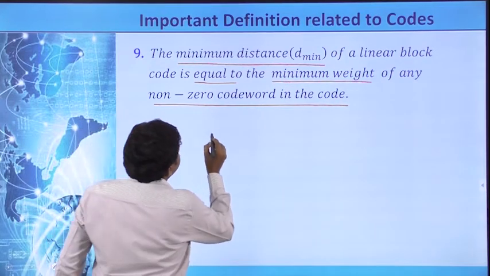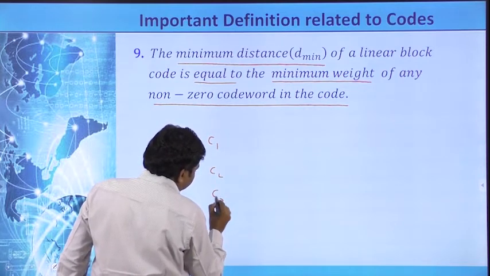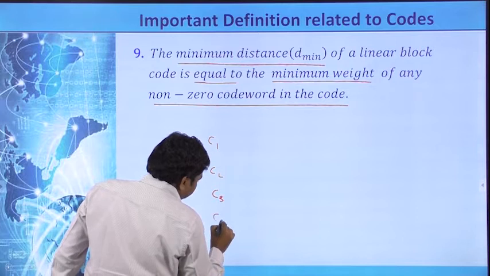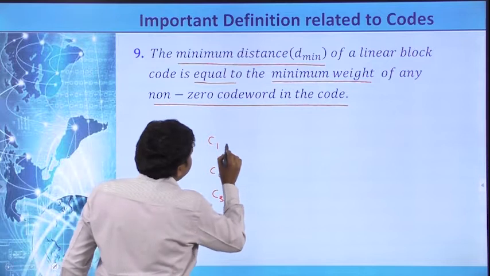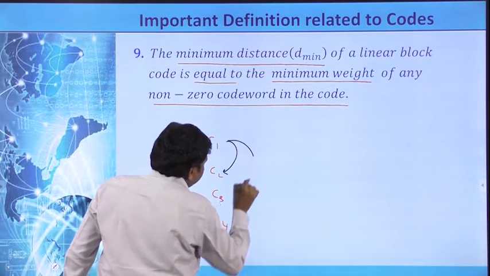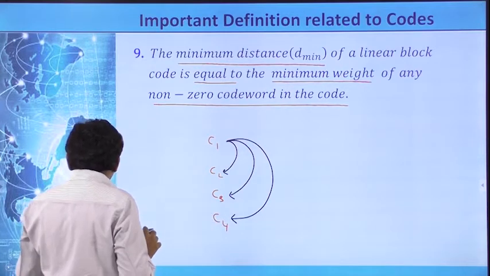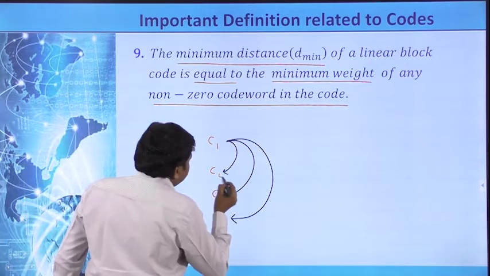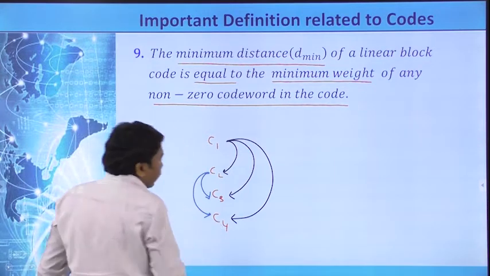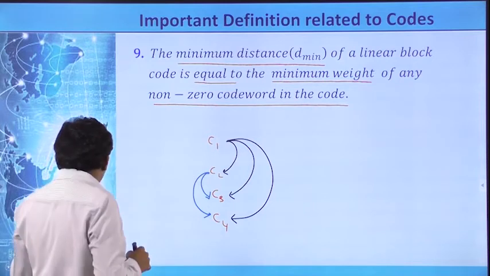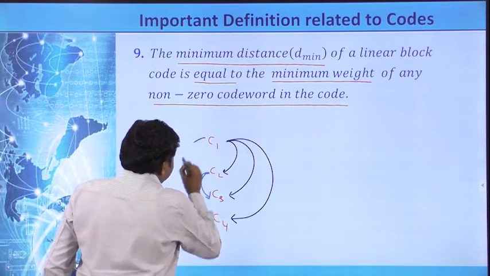let us consider we have some 4 code words. You want to calculate the Hamming distance between C1, C2, C1, C3, C1, C4. Similarly, between C2 and C3, C2 and C4, and between C1 and C3.